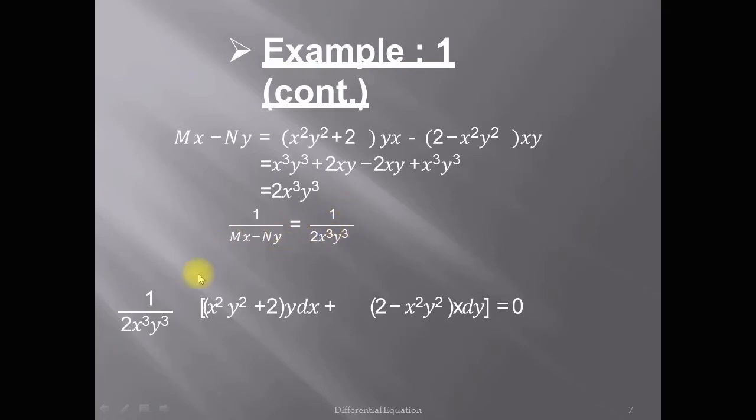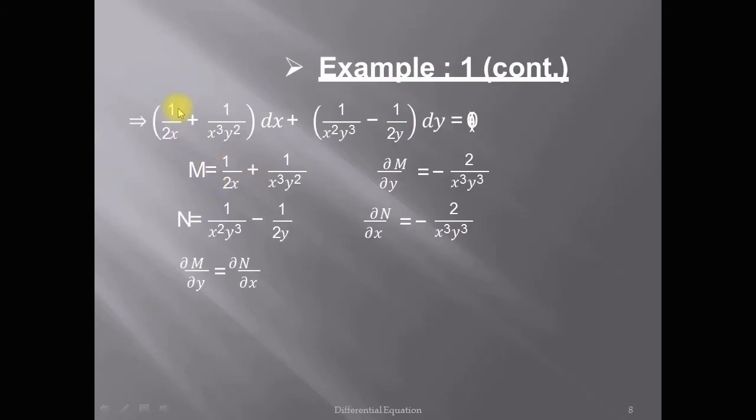Now multiplying this integrating factor into the given differential equation, (x²y² + 2) y dx + (2 − x²y²) x dy = 0, after multiplying it into the M function and the N function, we get (1/(2x) + 1/(x³y²)) dx + (1/(x²y³) − 1/(2y)) dy = 0. Now this is the new differential equation.